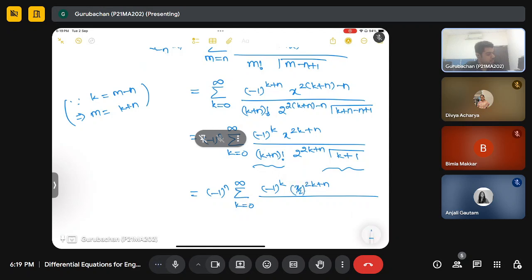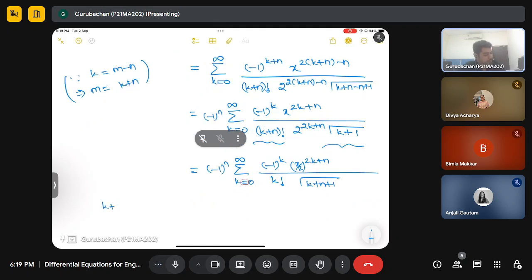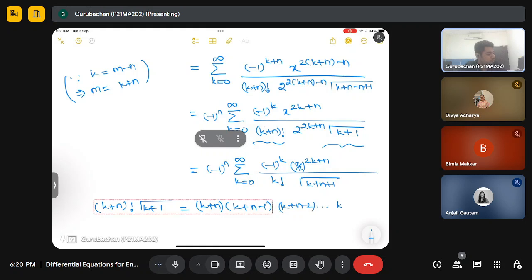What I'm saying is that (k plus n) factorial into gamma of (k plus 1) can be written as (k plus n)(k plus n minus 1)(k plus n minus 2) and so on up to (k plus 1) into k factorial into gamma of (k plus 1).